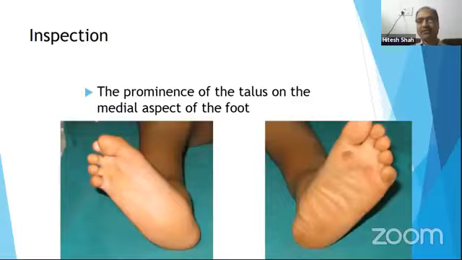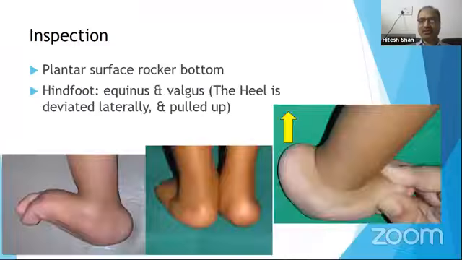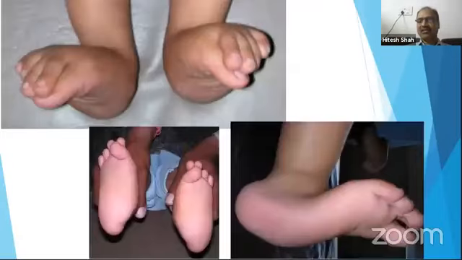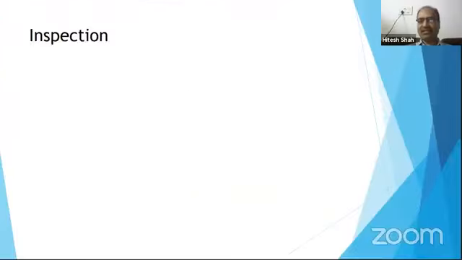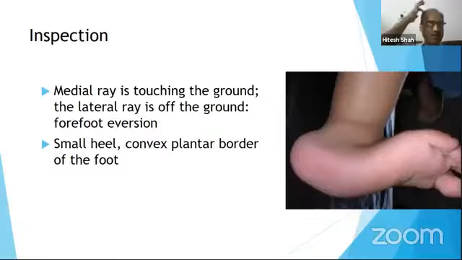And from the even weight bearing surface and the soiling of the skin by touching the ground, you can make out what part of the foot is in contact with the ground when the child weight bears. It is important that the medial rays are touching, and the lateral rays are off the ground. That is the most important aspect of the vertical talus.